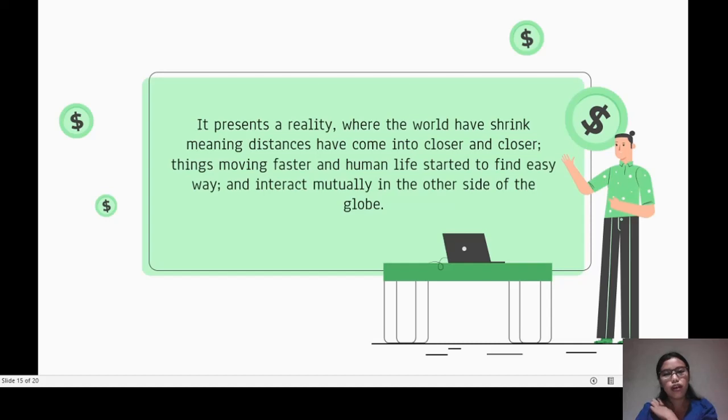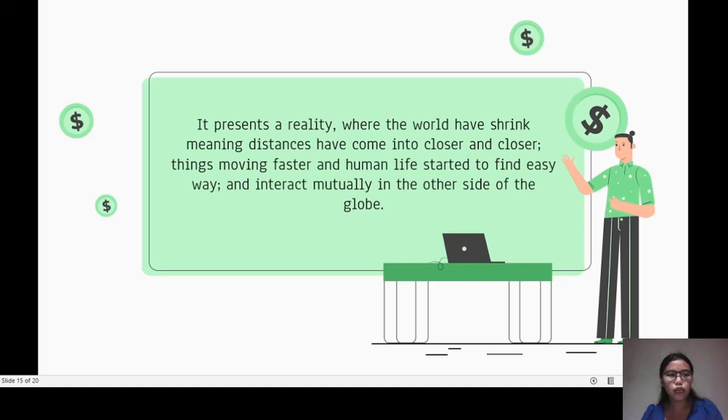Because we are very connected now, take for example the internet. You can reach people miles across the globe just because we have the internet. So just because the world is shrinking, that also means that our tie as a community is also strengthening.